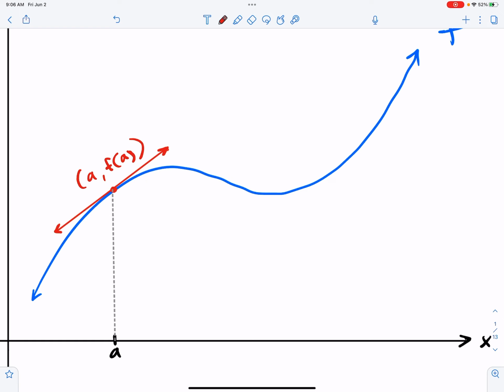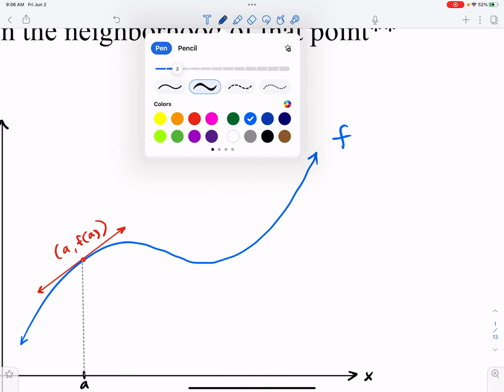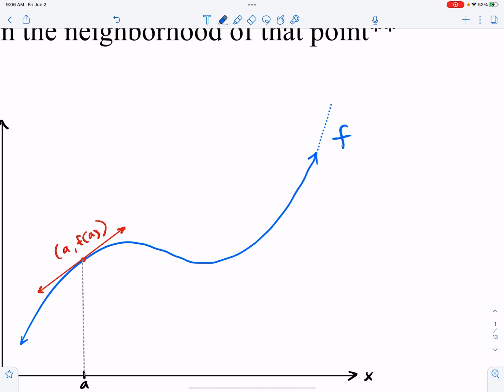Now, if this line were to extend, especially looking at the behavior of f, it looks like f probably continues up, up, up. So if we were to think about extending this tangent line, it would eventually intersect f somewhere else, and that's okay.